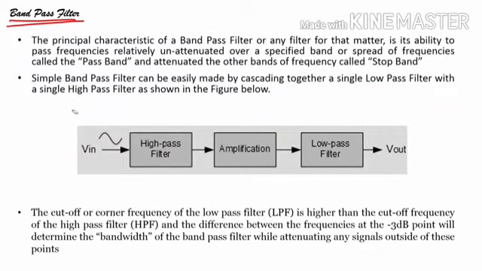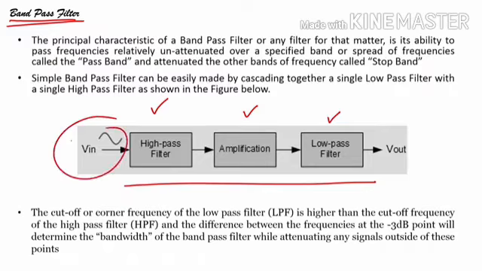So, in the block diagram, the first block is a high pass filter, then we amplify, then a low pass filter. High pass and low pass cascaded together will result in a band pass filter.